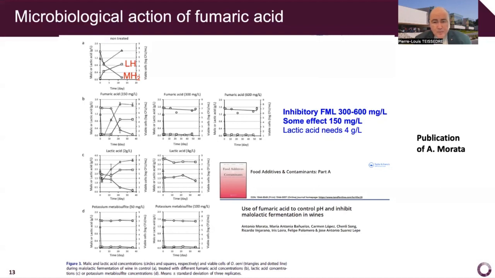And so, in fact, you can see that fumaric acid at 300 milligrams per liter permits maintaining the malic acid and lactic acid at the same level. So malic acid was at a good level, in fact.